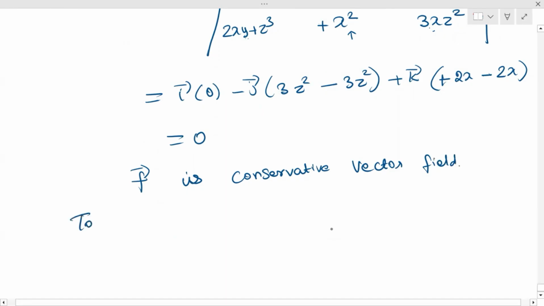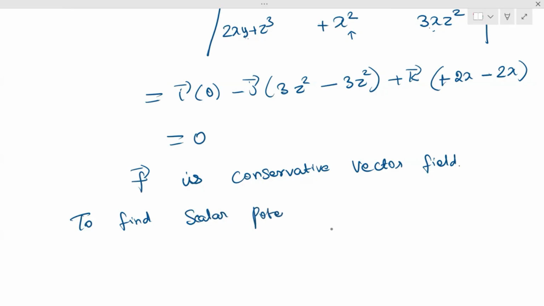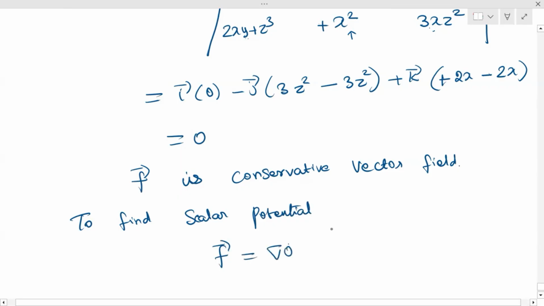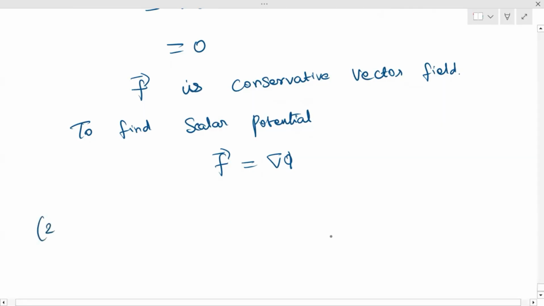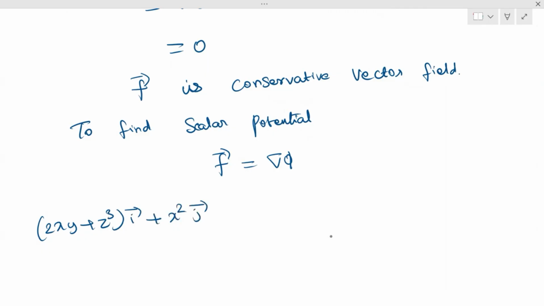To find the scalar potential, for that we have F vector equal to del phi. So what is F vector? 2xy plus z cube i plus x square j plus 3x z square k vector equal to del phi.